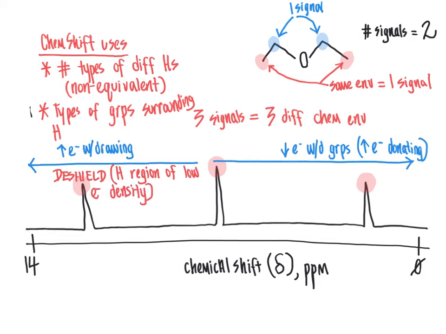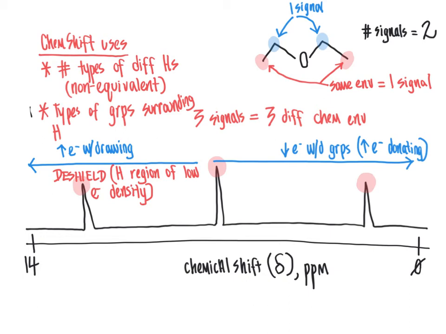And the reason that a region of low electron density creates this so-called de-shielding effect is that electrons tend to blanket or shield the nucleus from the effects of the magnetic field that they are placed in. And so when there are electron withdrawing groups nearby, the proton that we are measuring doesn't have an electron blanket to shield it. And so therefore it is de-shielded, and that forces the signal to be further to the left, meaning in this de-shielded environment, closer to 14.